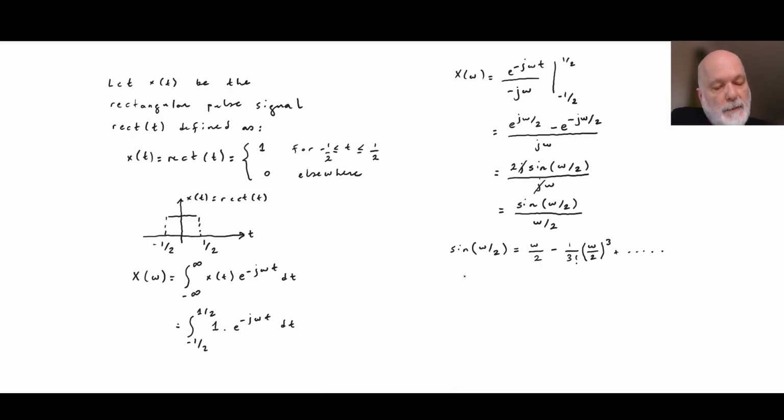So sine omega over 2 divided by omega over 2, when omega is evaluated at 0, is equal to 1, because when we divide the Taylor series expansion by omega over 2, this term will cancel out and it will become 1, and we will have positive powers of omega.